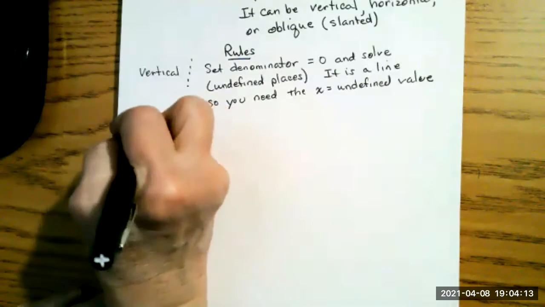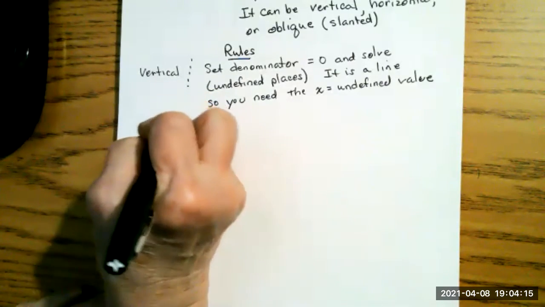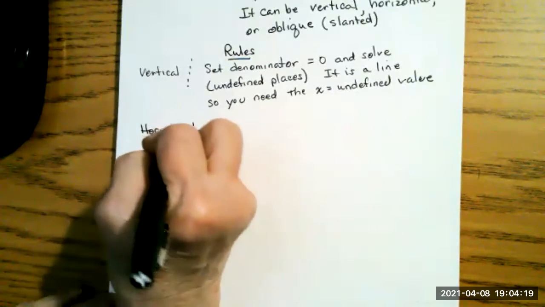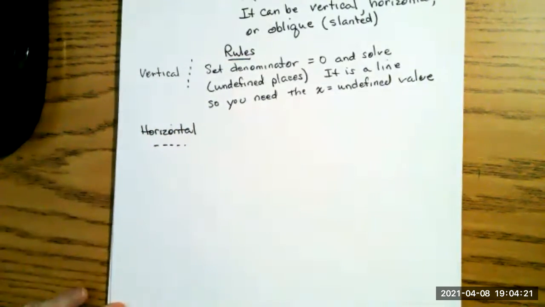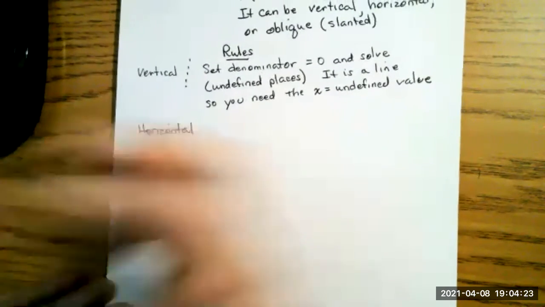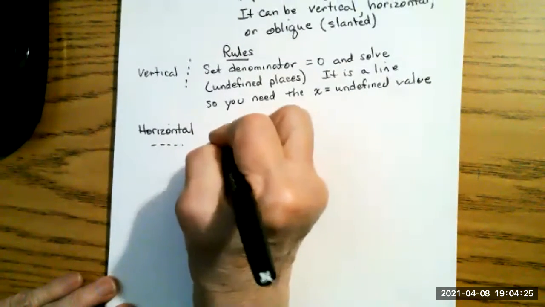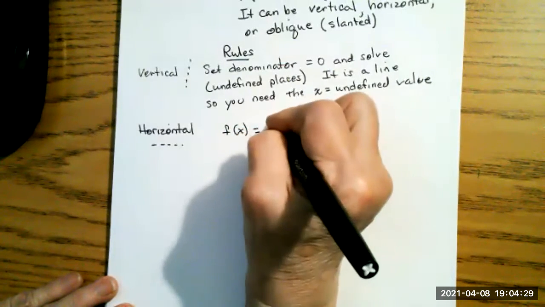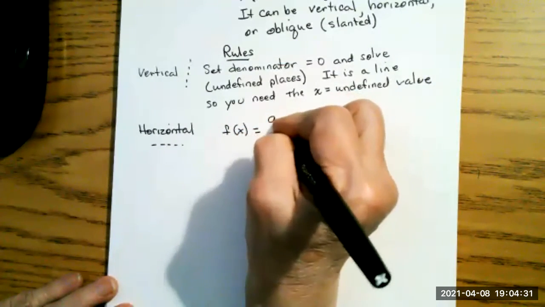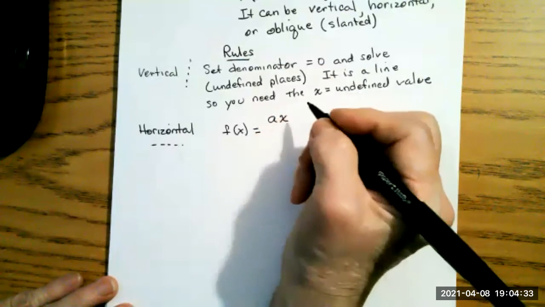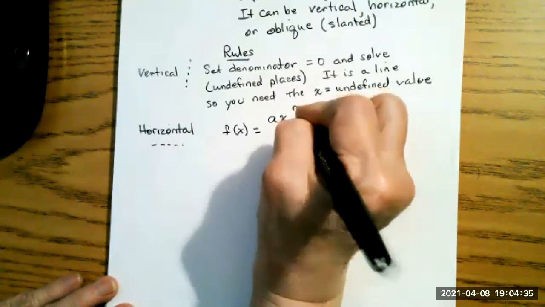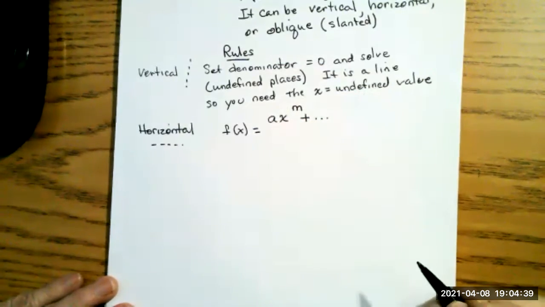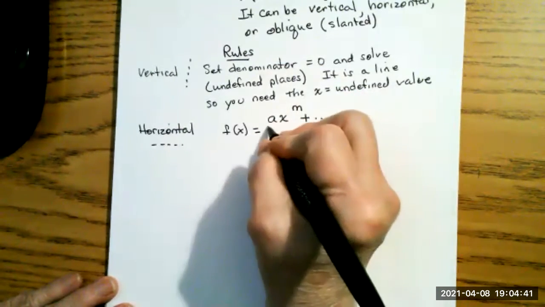Let's do horizontal ones. Those are the fun ones. Those are the ones that go this way. And you have a little rule. I'm going to explain this in just a minute. You're going to have a rational function. You're going to have some coefficient here, some x here, some exponent m here, and then plus a series of other things in the top.